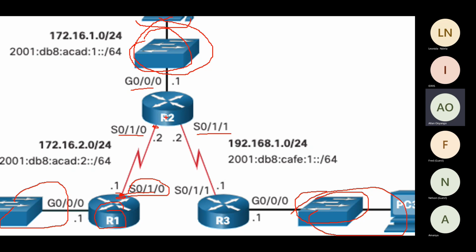And that is what we call a next hop router. It's called next hop because the word hop actually means router, okay?